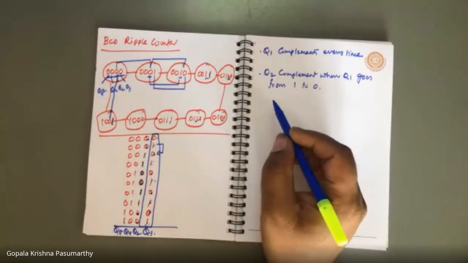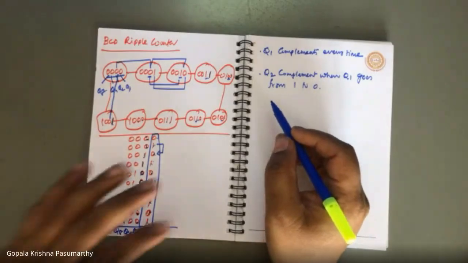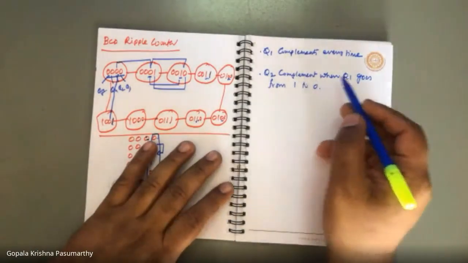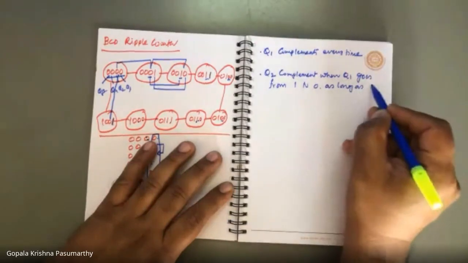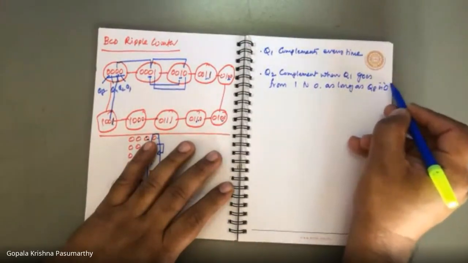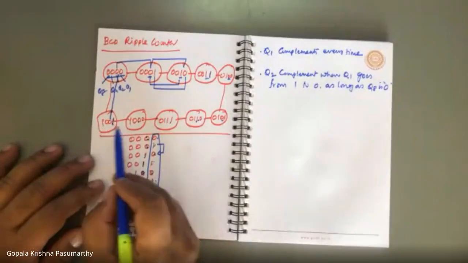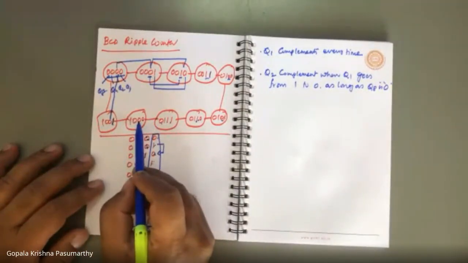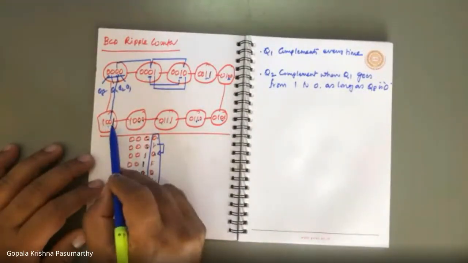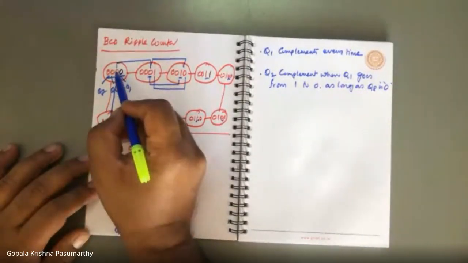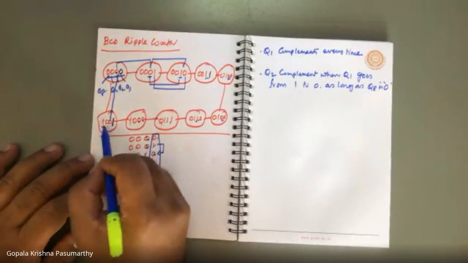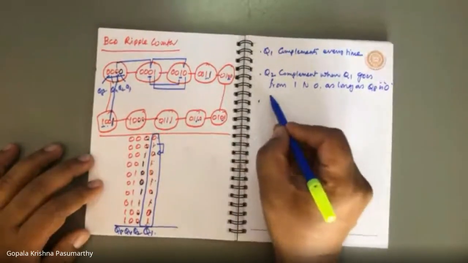Q2 complements every time when Q1 goes from 1 to 0, as long as Q8 is 0. Here Q8 is 1, and that is where the problem came. When Q1 goes from 1 to 0, Q2 should complement, but it is not happening because Q8 is 1. That is the second rule for Q2.